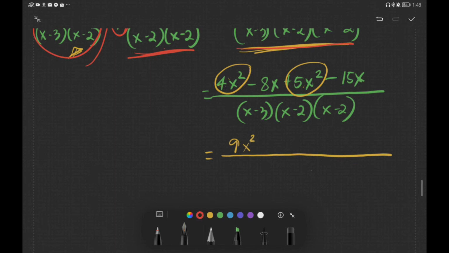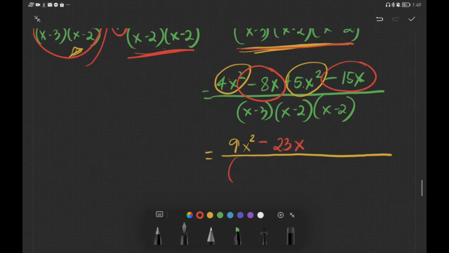Another similar pair in the numerator is negative 8x and negative 15x, because they have the same variable and exponent, which is 1. So, we add the numbers because they have the same sign. 8 plus 15, that is 23. Copy the variable x and copy the sign negative.